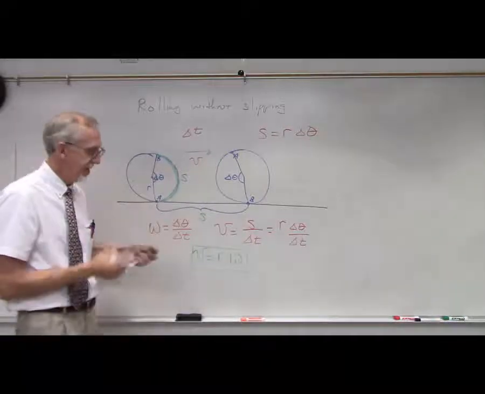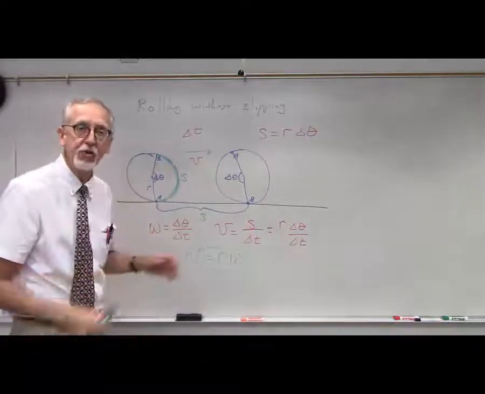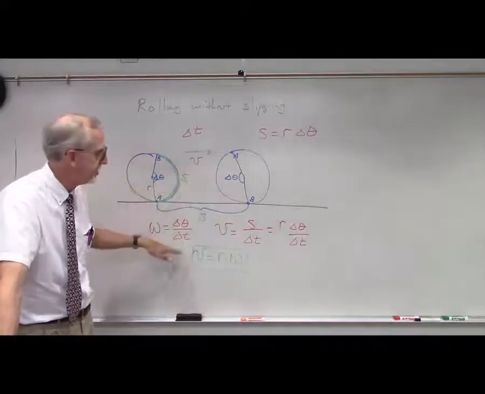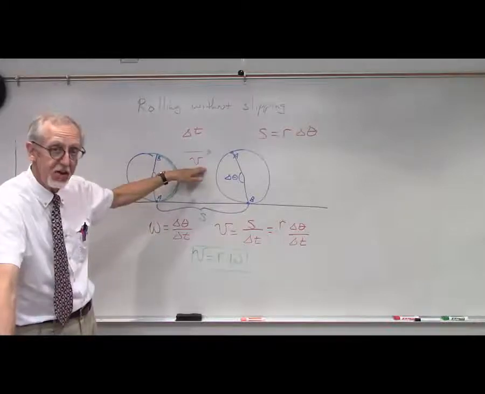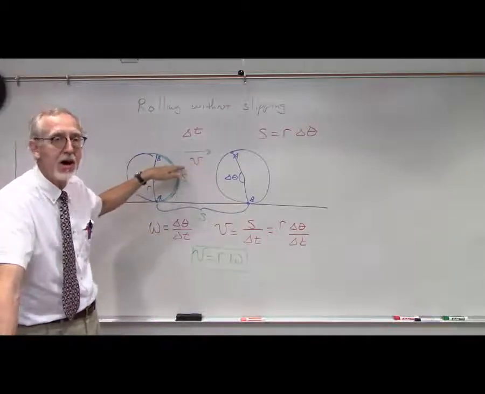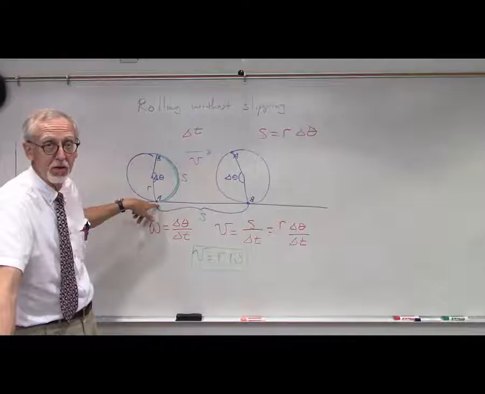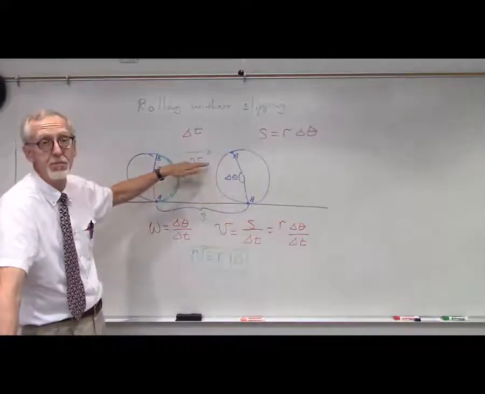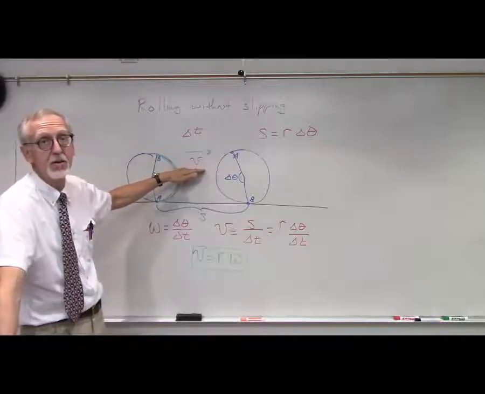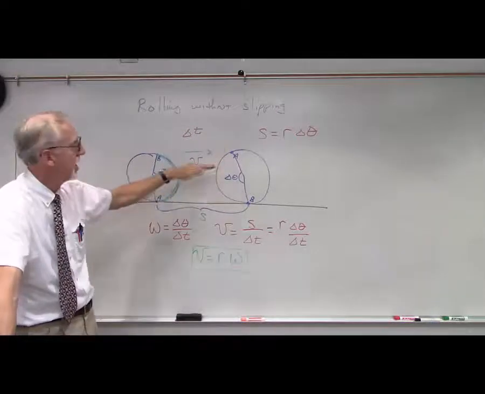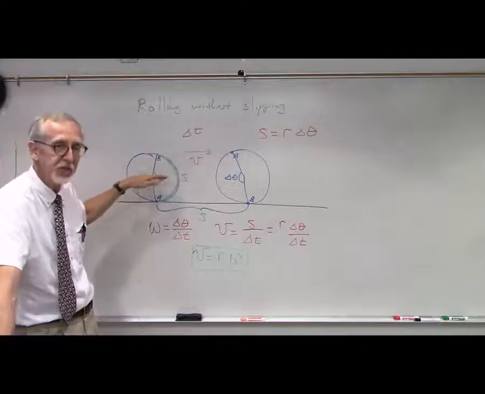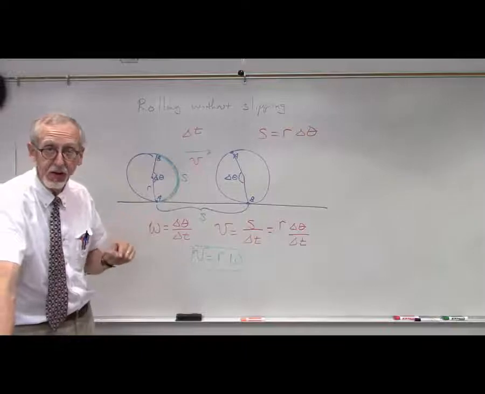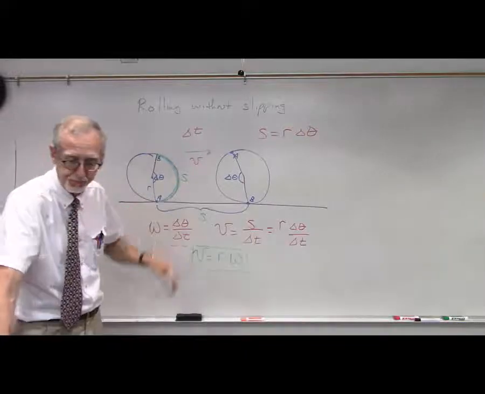What we now have is that in order for an object to roll without slipping, its translational velocity has to be the same as the tangential velocity of a point on the edge of the wheel. So in order for this to roll without slipping, the velocity of the wheel moving translationally has to be the same as the tangential velocity of a point on the edge of the wheel. That is a very, very different result than what we had before.